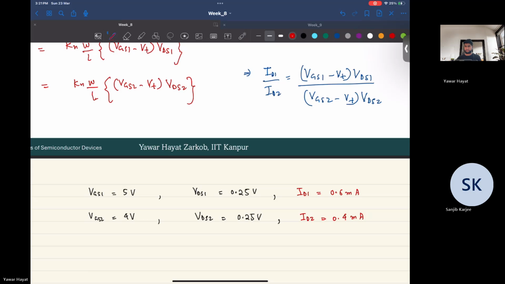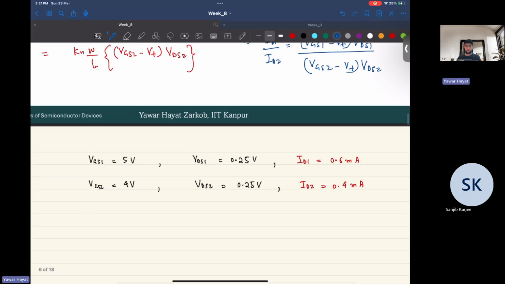So if we solve for VT after plugging into the above equation, we get 0.2 VT equal to 0.24 minus 0.20.